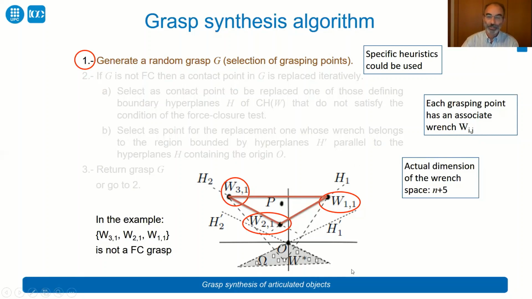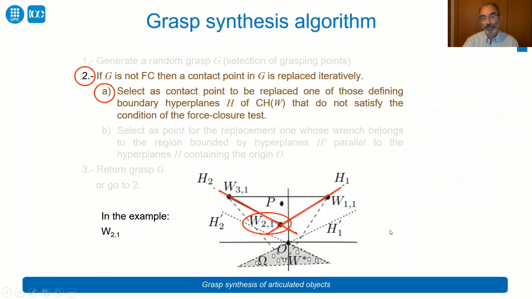And I am representing here a hypothetical 2-dimensional example. So in this case, the selected ranges are range 3, 1, 2, 1, and 1, 1, and the convex hull they produce does not contain the origin of the range space. So it is not a force closure grasp.